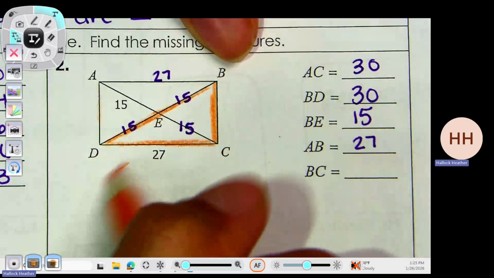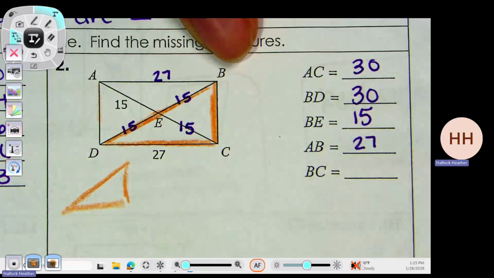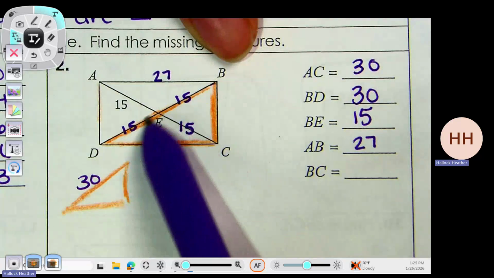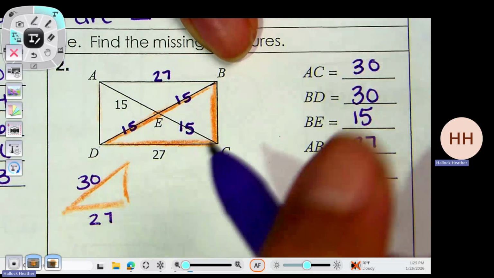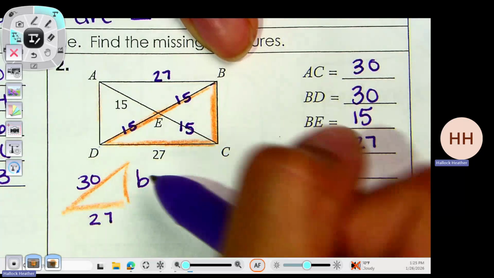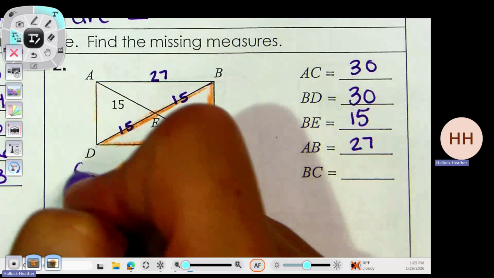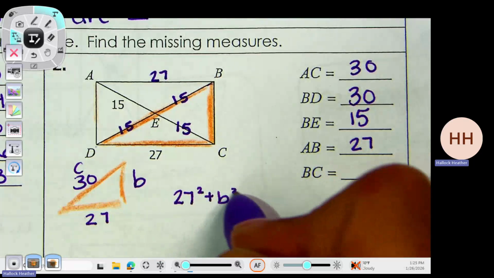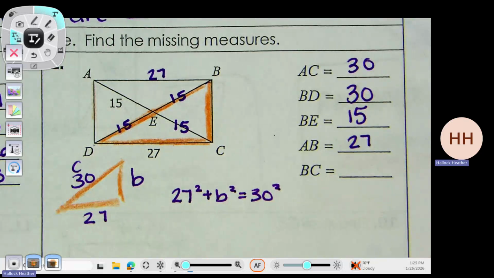How much total is the hypotenuse? 30. You are not just using 15 because you need the entire length of the diagonal. So 15 and 15 is 30. The base is 27. This time I'm trying to find either A or B. C is my hypotenuse, which is 30. So we're going to do 27 squared plus B squared equals 30 squared. So use a calculator and square the numbers.